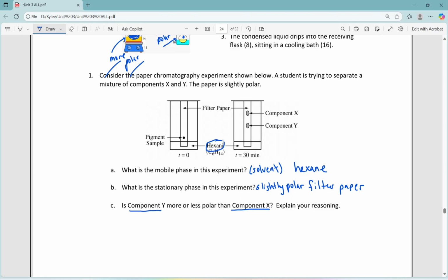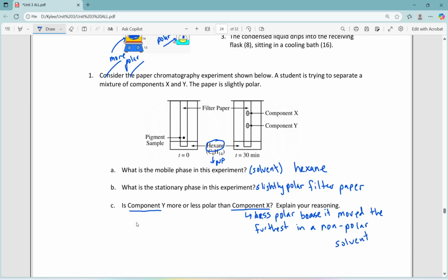So if my mobile phase is hexane, hexane is nonpolar. So the one that is going to travel with hexane should have a similar polarity. So if I was going to identify this, I would say that this one is most likely nonpolar or less polar because it moved the furthest in a nonpolar solvent.